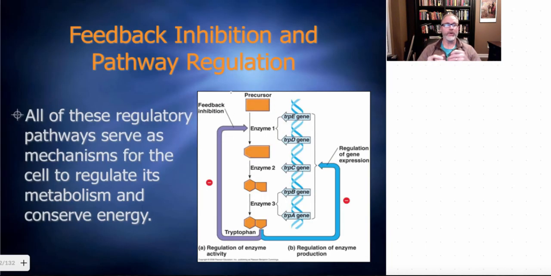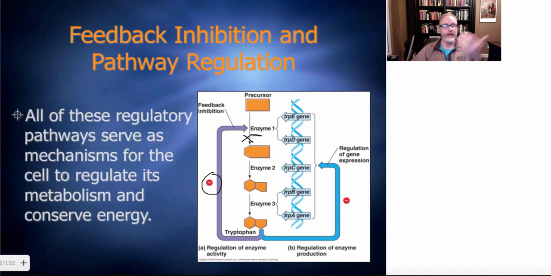All right, so regardless of the pathways that we're talking about, both of these pathways are ways that we can regulate the metabolism. We can do so, as we saw right here, with this first one, by regulating the enzyme in the pathway, changing its shape and preventing it from working as the tryptophan builds up.